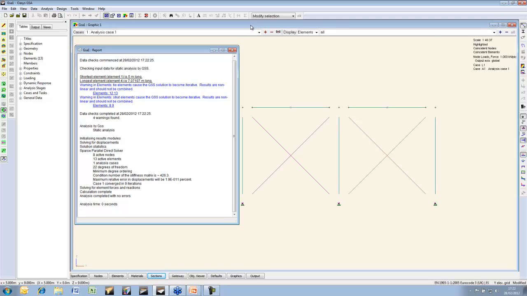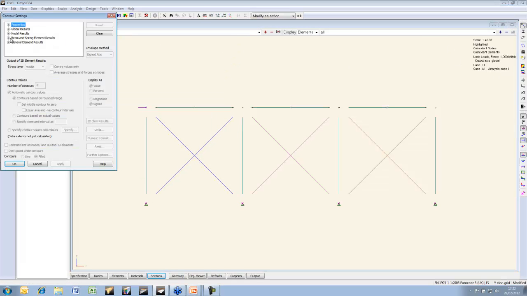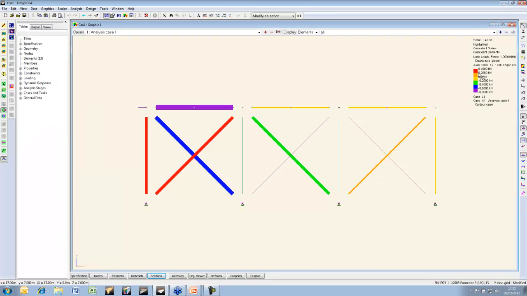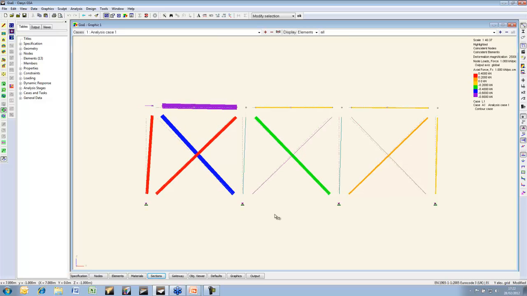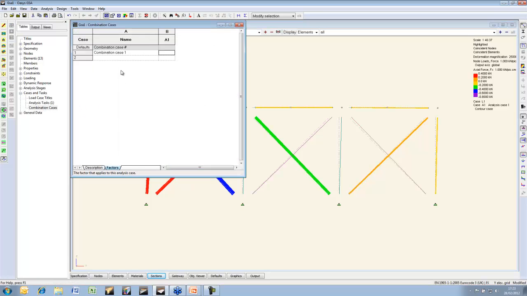Now, if we look at the results, and look at the axial force in these elements, and look at the deflections, you'll see that the strut is picking up load, the tie is picking up load, the bits in between are not, and obviously the bars are both taking up load. And if you imagine, if we were to do a load case, let's do a combination case where we say -1 times that load.